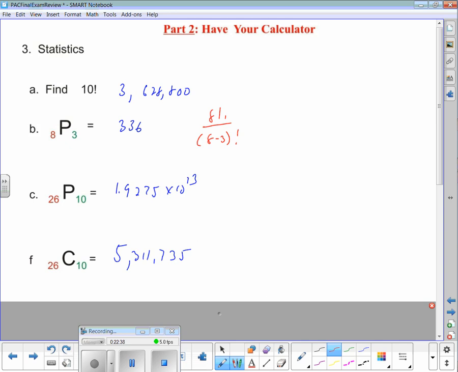Or you can do a shortcut, 8 times 7 times 6 for B. And then 26 times 25 times 24 times 23 times 22 times 21 times 20, etc. That's no shortcut. And then D, combination formula is 26 factorial divided by 26 minus 10 factorial times 10 factorial.